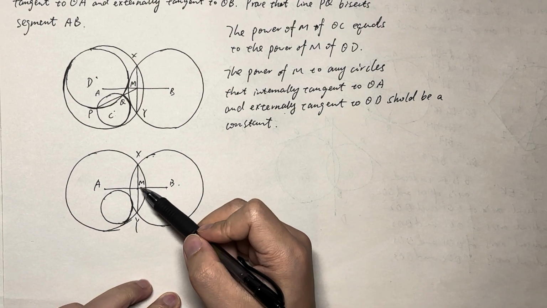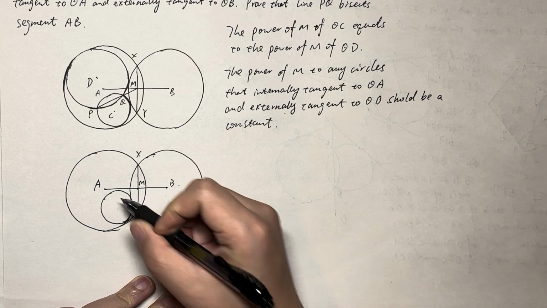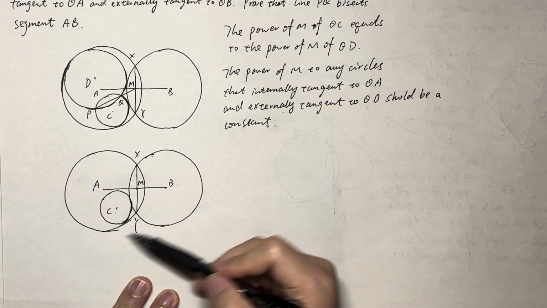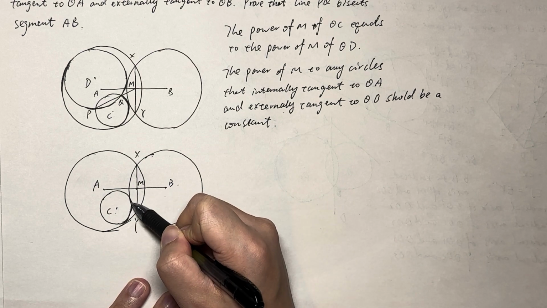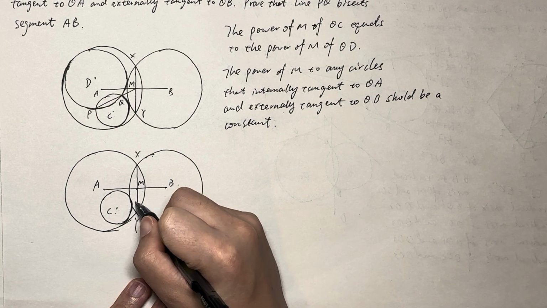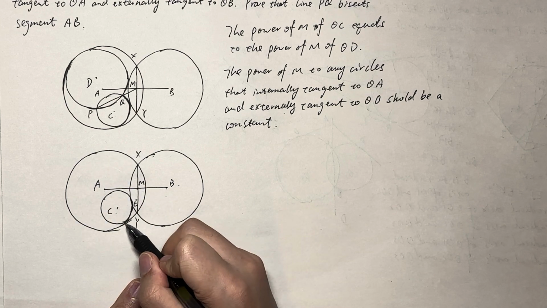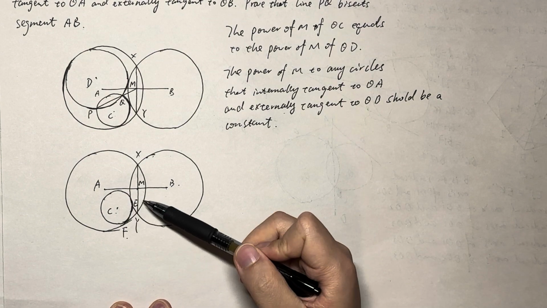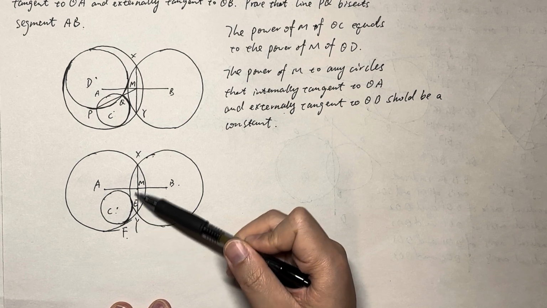We want to find the power of M to the circle C here, right? If we look at this figure, we already know that circle C and circle B are tangent at a point, let's call it E. And circle C and circle A are tangent at another point, let's call it F. If you look at the figure, you can feel that M, E, F might be on the same line, right?